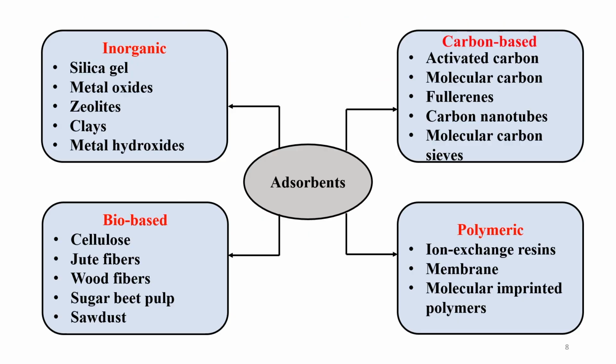Now, adsorbents based on their nature, you can have mostly the inorganic like silica gel, metal oxides, zeolite, clay, metal hydroxide, activated carbon, molecular carbon, and carbon nanotube, molecular carbon sieves. In addition, there are bio based or these bioresources we say, like cellulose. Nowadays, we are going with nanocellulose, jute fiber, wood fiber, sugar beet pulp or sawdust is commonly used in the routine practice.